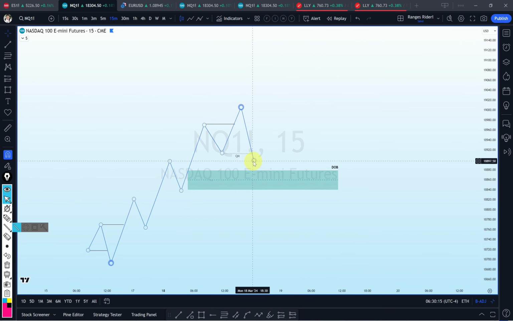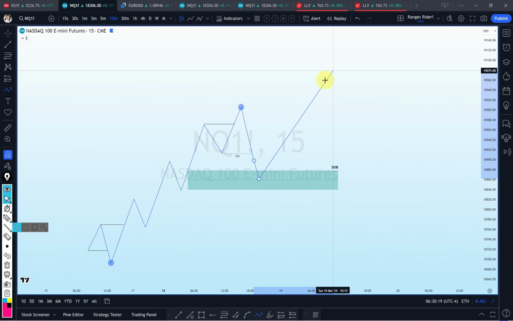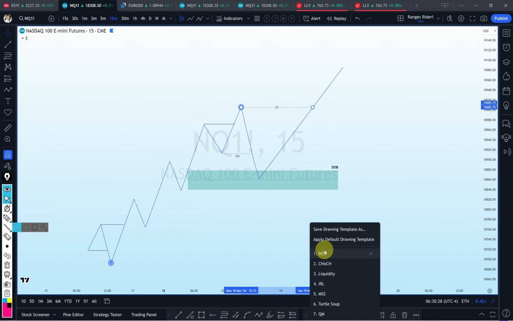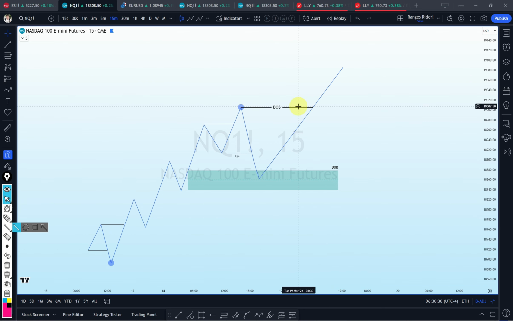And from the decisional order block, we are expecting the price to make another high. And then our range will be like this: low, high, higher low, and we are looking for another higher high once we have a QM confirmed.